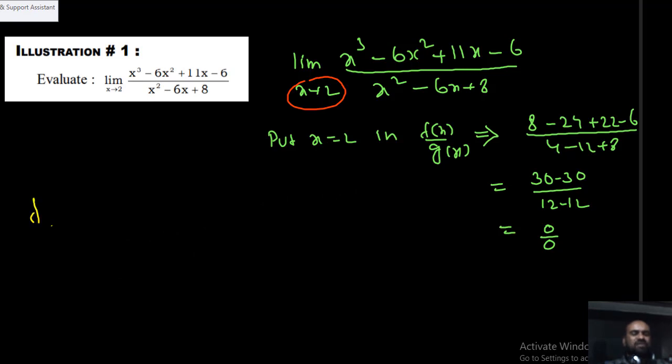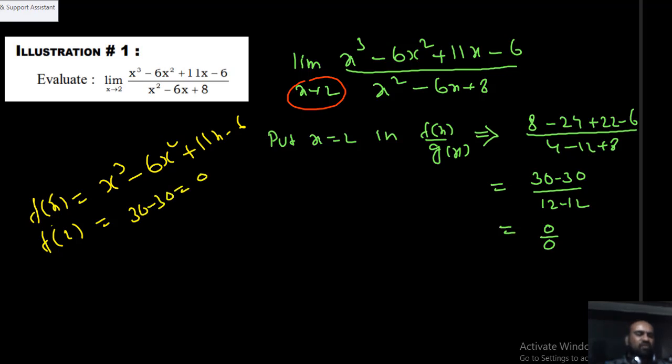Or otherwise do one thing, students. Take the numerator as f of x. f of x is equal to x cube minus 6x square plus 11x minus 6. Just find f of 2. Now what I got is 30 minus 30, I got 0. From factor theorem, x minus 2 is one of the factors of f of x.